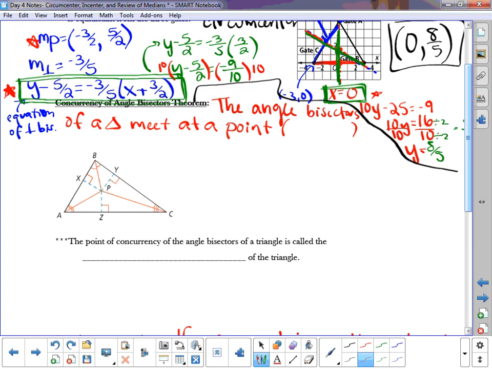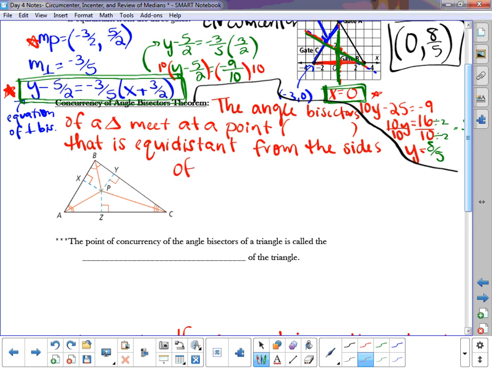Okay, so the angle bisectors meet at a point that is equidistant from the sides of the triangle.